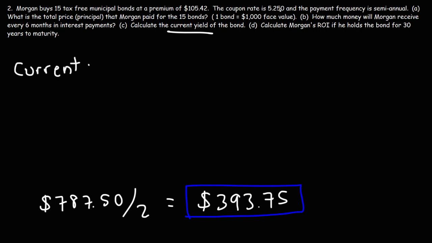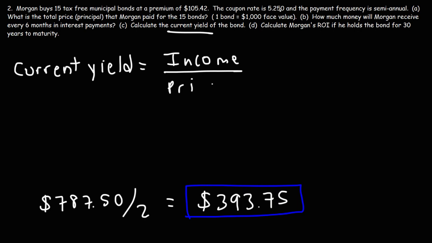To get the current yield of a bond, you need to take the income that you receive in interest on an annual basis and divide it by the price that you paid for the bond, or the current price of the bond. So the annual income that Morgan is receiving from the bond is $787.50 in interest for the whole year.